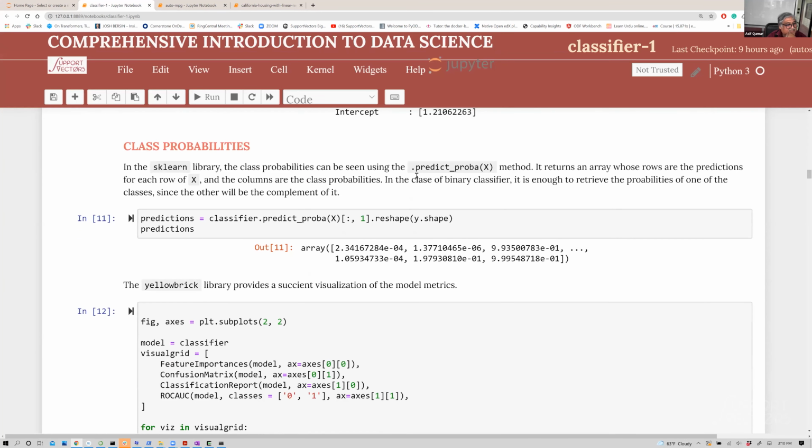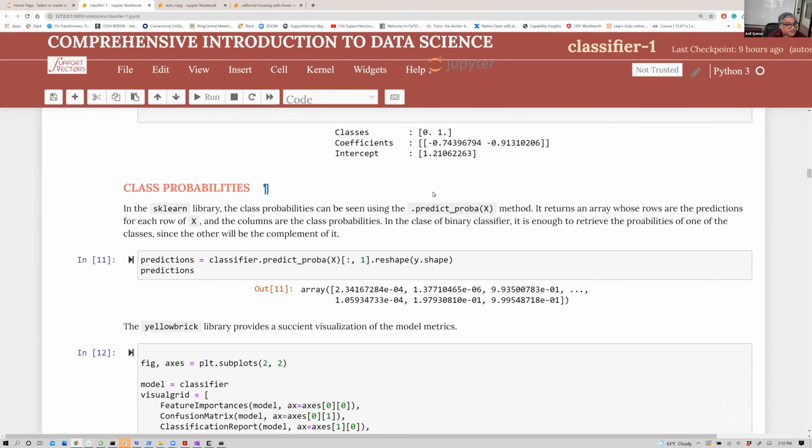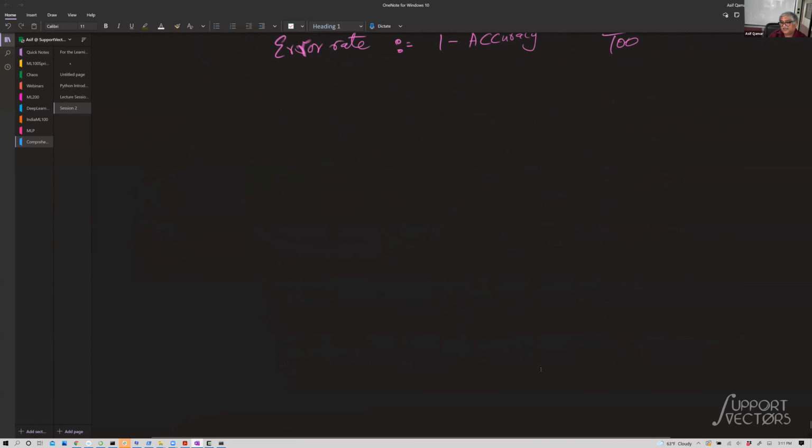So let's take this. Now what happens is that with a classifier or a regressor, you say predict and a number comes out. The way the scikit library is designed is interesting. Let me explain it here.